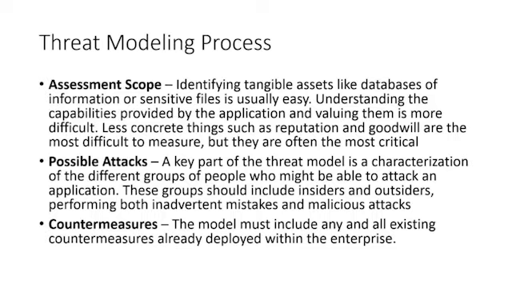And then we've talked about countermeasures. The model must include any and all existing countermeasures already deployed within the enterprise. So in our threat model process, we're going to take what we have and put that in place and say, well, we have this countermeasure, we have this control to stop or to mitigate that threat.